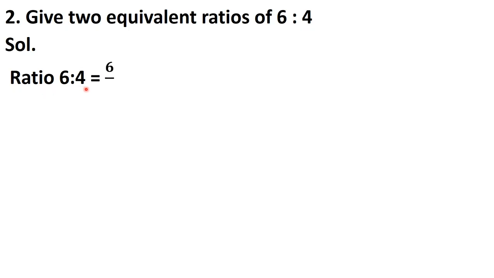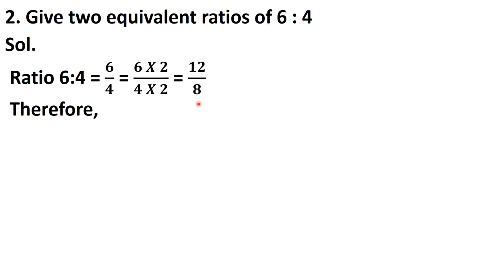Ratio 6:4. This ratio we can write as 6/4, and we know that by multiplying or dividing numerator and denominator by the same number, we can get an equivalent ratio. So once we have multiplied 6/4 by 2, numerator and denominator both, we got 12/8.